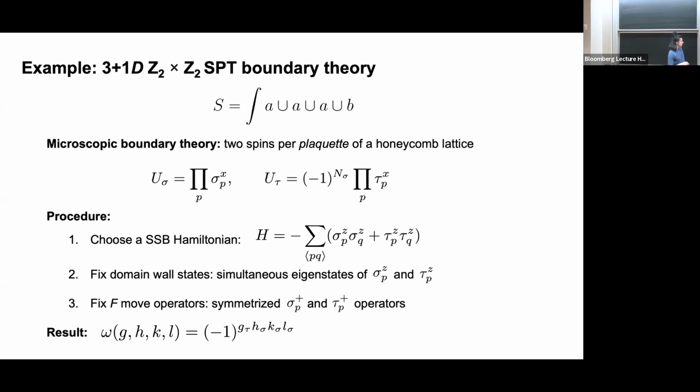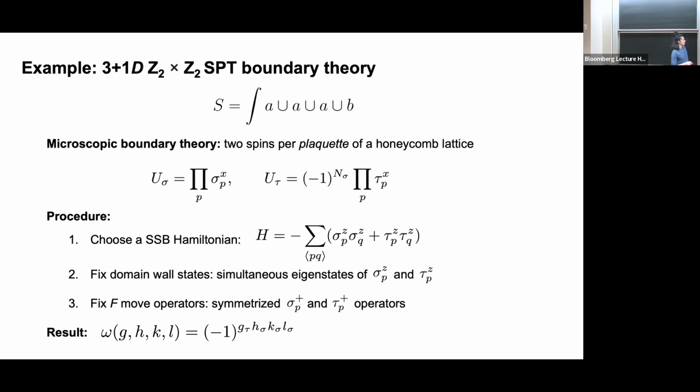So let me very quickly go through the steps of the procedure. The first step is to choose a Hamiltonian which is symmetric and which spontaneously breaks the symmetry completely. There's a very simple choice of Hamiltonian which meets these requirements: an Ising ferromagnet for the sigma spins and for the tau spins.